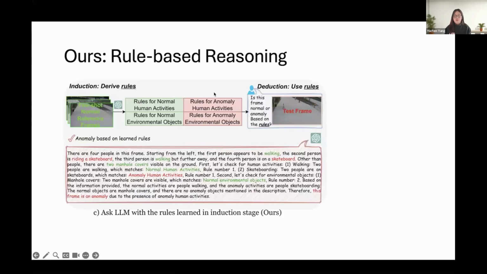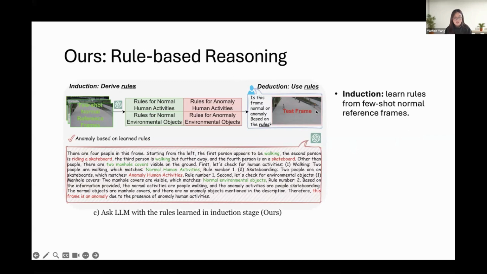So how do we achieve it without fine-tuning? We propose to utilize rule-based reasoning, which includes two important stages: the induction stage and the deduction stage.